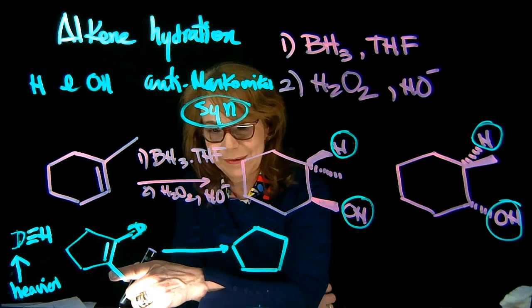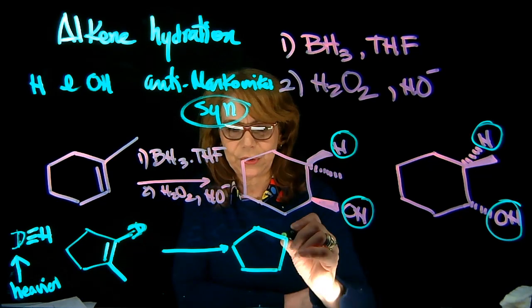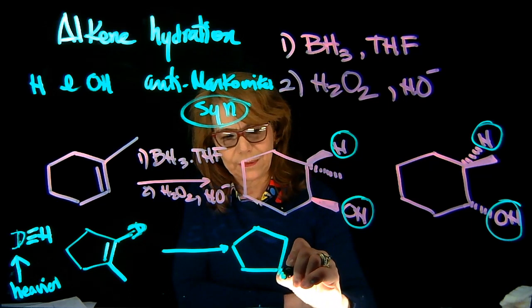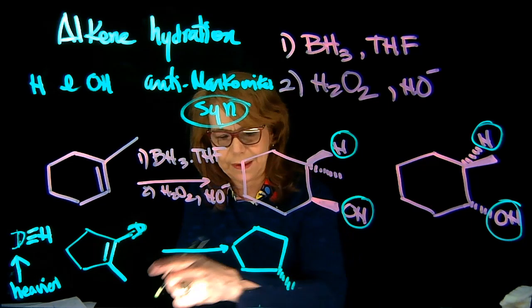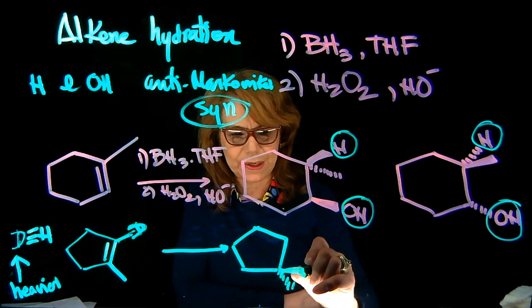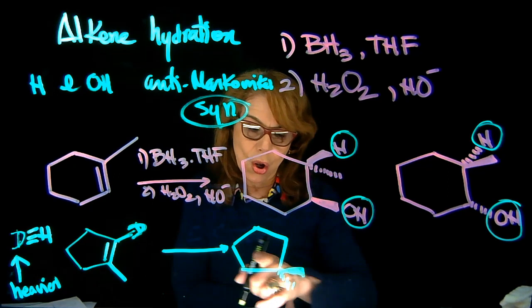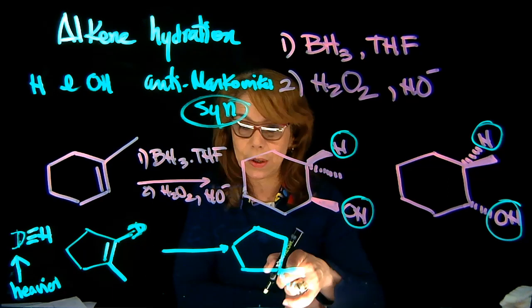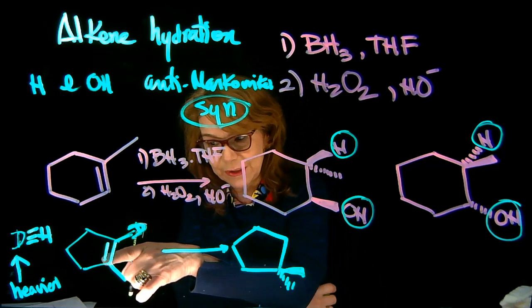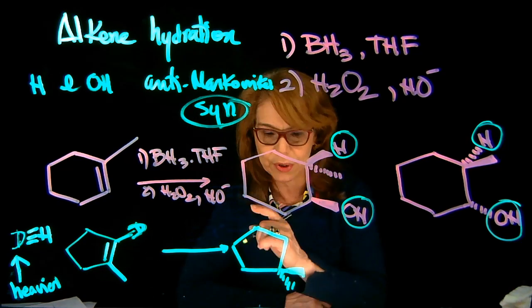So here, H at the more substituted. And to keep it like we have, say that I have a methyl here. Remember that there is a change of hybridization. This carbon is sp2, and now it's going to be sp3. That's what I'm using here, which is in dashes. This was in the same plane, the three bonds.